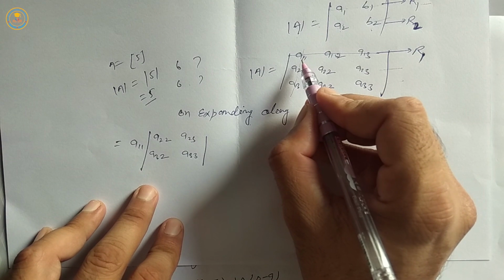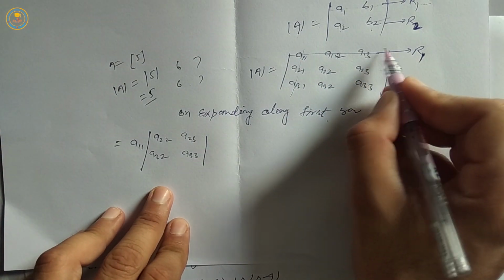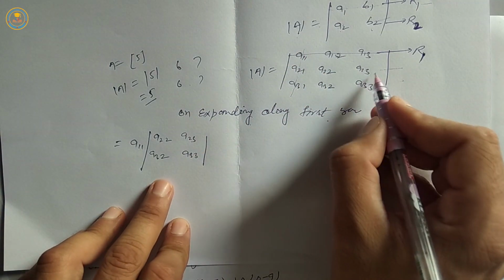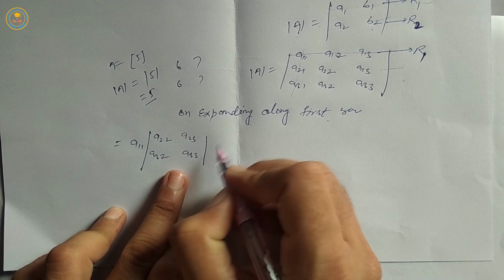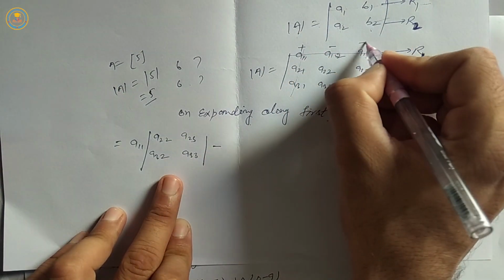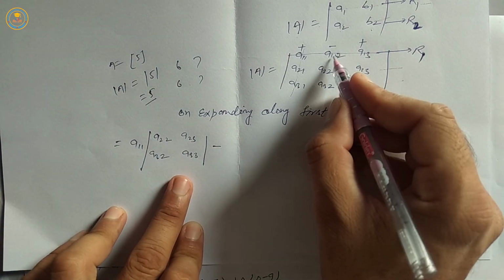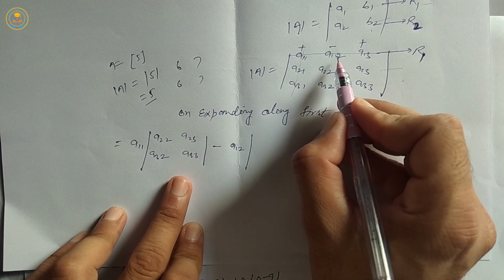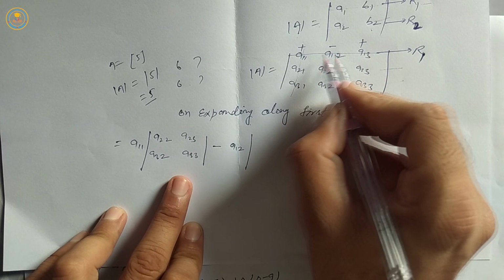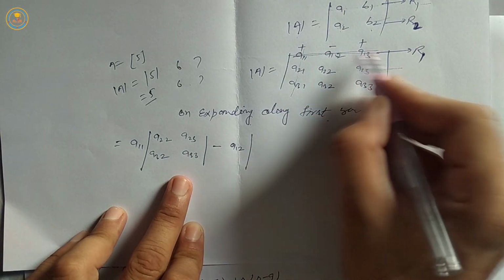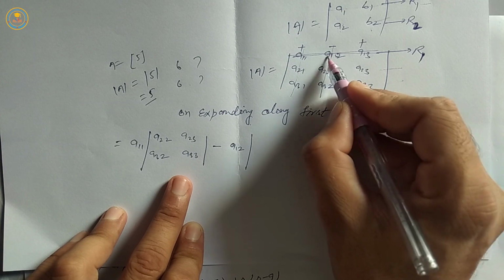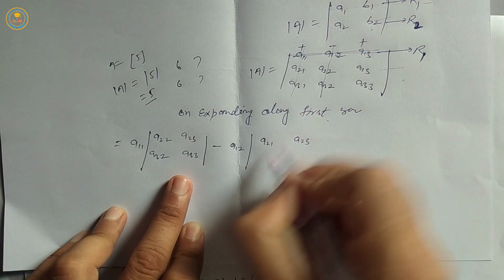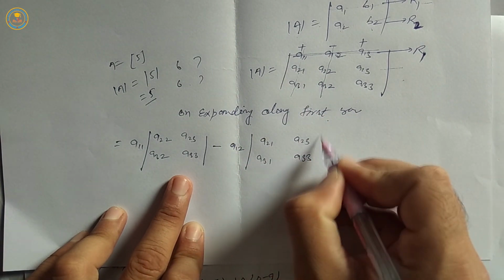Signs are plus, minus, plus, minus, plus. Minus second element A12, leaving the corresponding row and column of element A12, it means A21, A23, A31, A33.